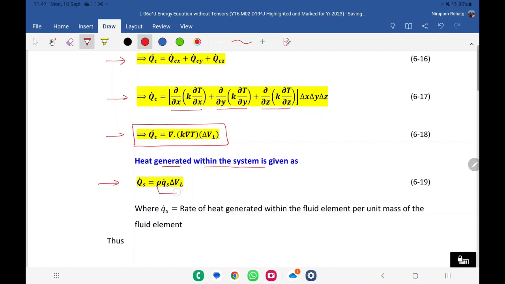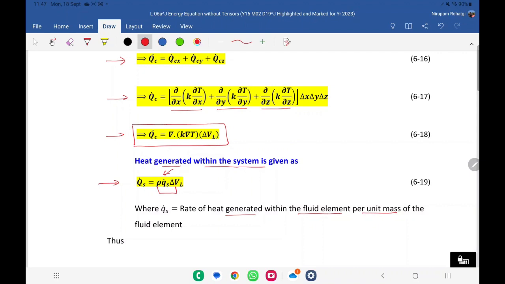Now the heat generated within the system is given by this. You have the volume here, density into volume gives you mass, and this gives the rate of heat generation per unit volume or per unit mass. Qs is the rate of heat generated within the fluid element per unit mass, multiplied by mass.